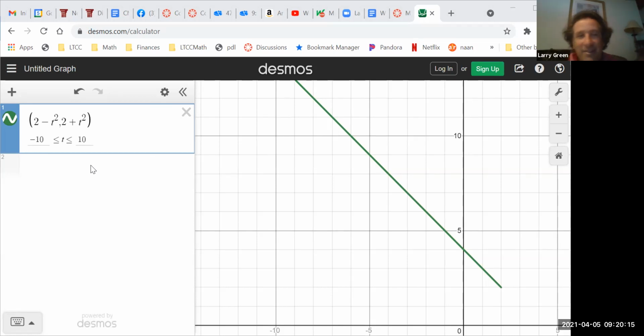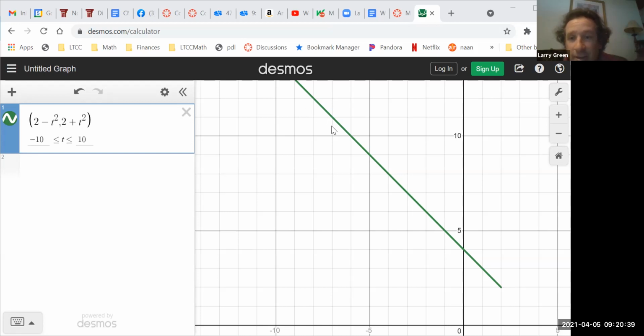Okay, so I wanted to give you one that I was guessing you probably wouldn't guess what it was. And this is a ray. But here's the thing, and this is something you've got to be careful of. Looking at what Desmos gave is not enough, because parametric equations give more information than the graph.